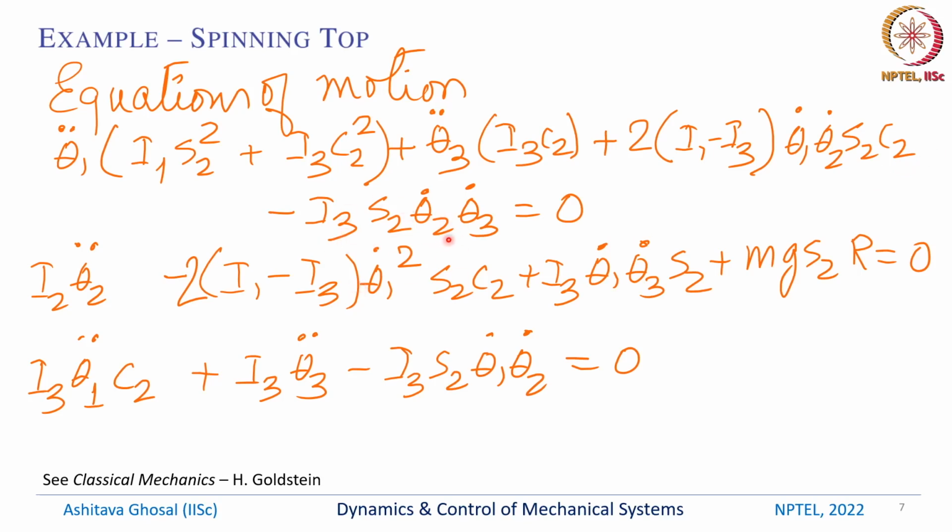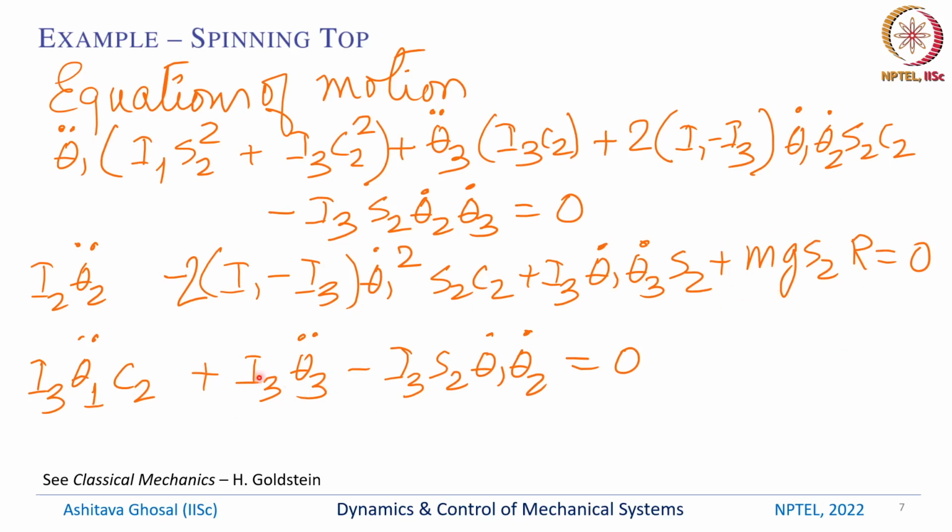Likewise, we also have some θ2dot θ3dot in the first equation. In the second equation, we also have θ1dot squared. Remember, these Coriolis and centripetal terms are always quadratic in q dots. Okay, so that is what we see here. And then in the second equation, we also have this gravity term.